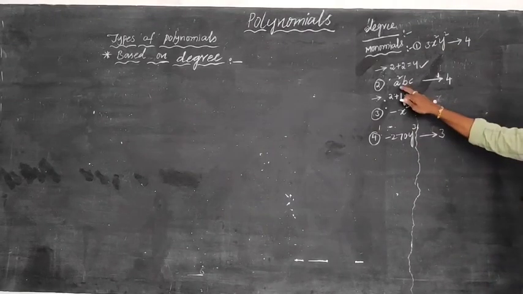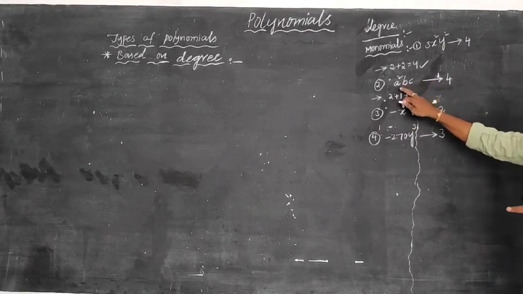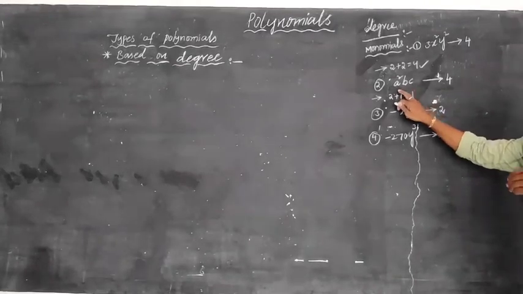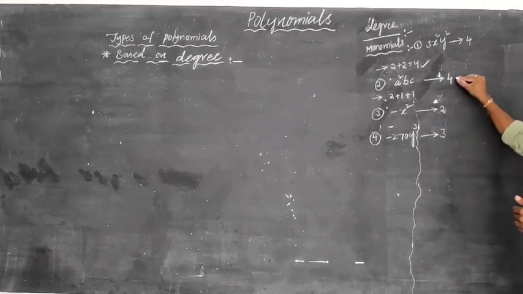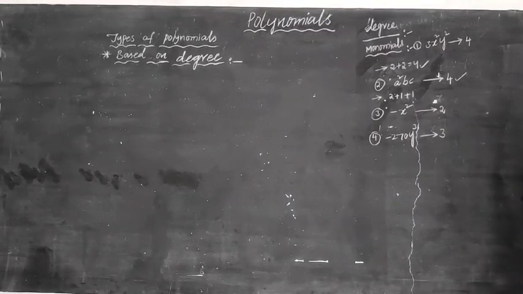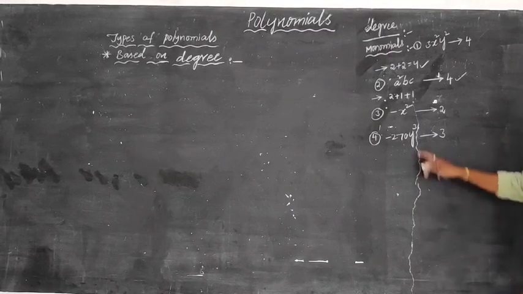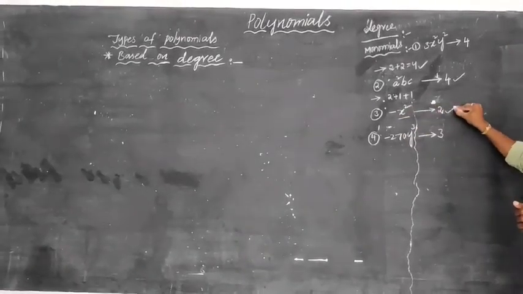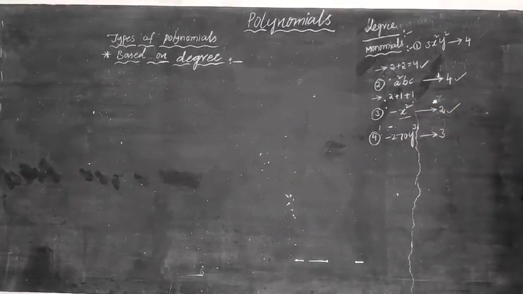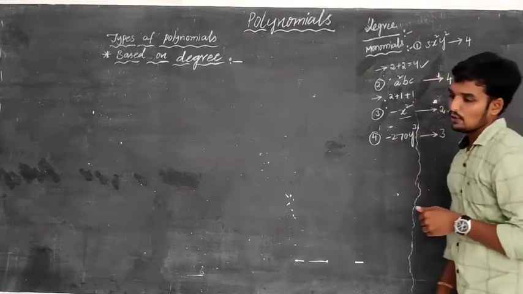The same way, a square bc: a has an exponent 2, b has 1, c has 1. 2 plus 1 plus 1 is equal to 4. The degree of the monomial is 4. The same way, minus x square: x has an exponent 2, so the degree is 2.